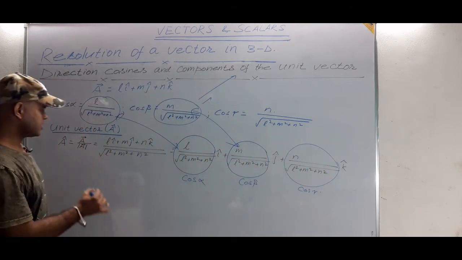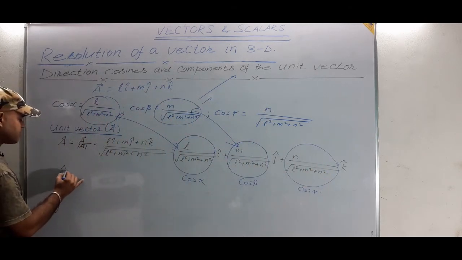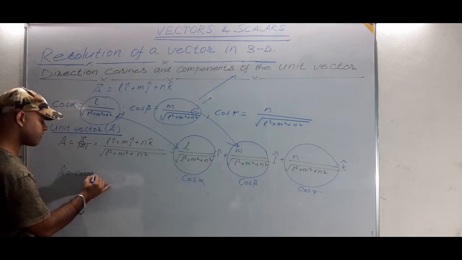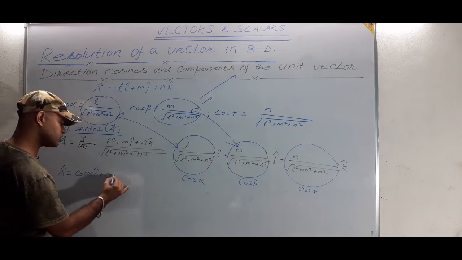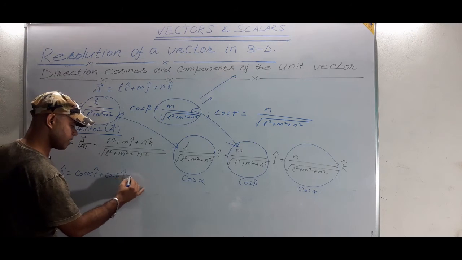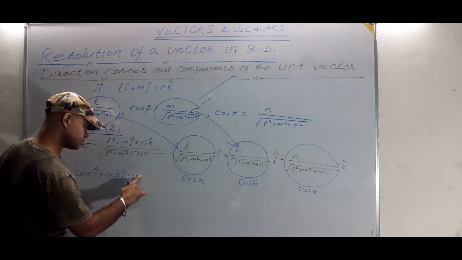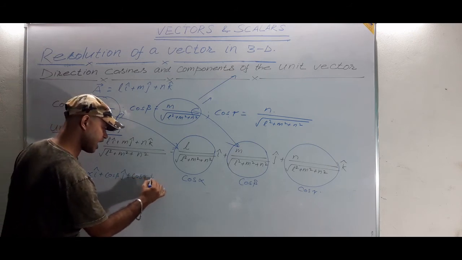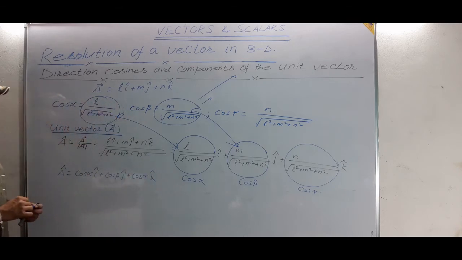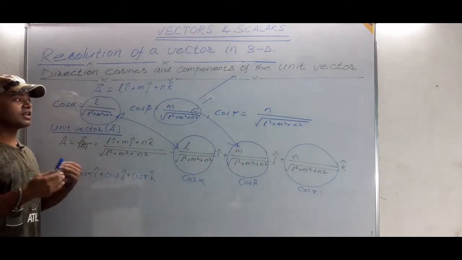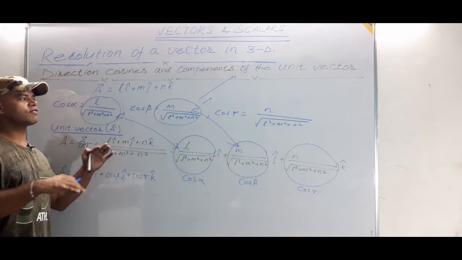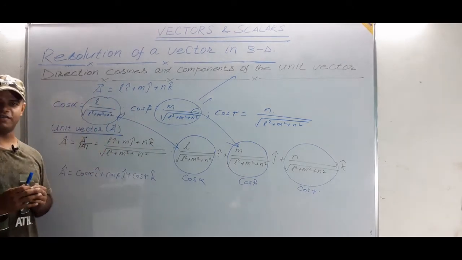So in fact, the unit vector can be written as cos alpha i plus cos beta j plus cos gamma k cap, right? So the direction cosines are nothing but the components of the unit vector for a given vector.